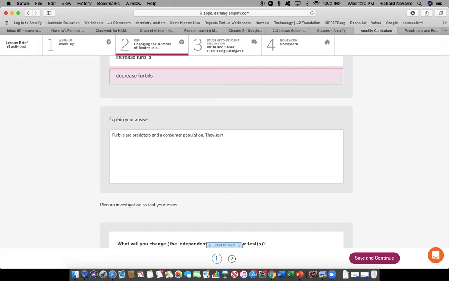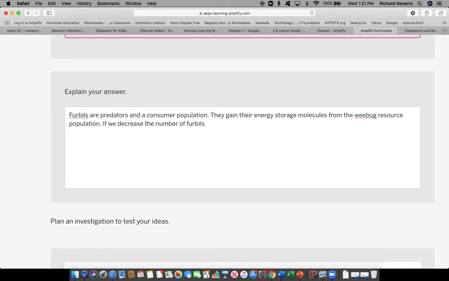They gain their energy storage molecules from the wee bug population, which is a resource population. If we decrease the number of furbles, then the number of wee bug deaths should decrease.